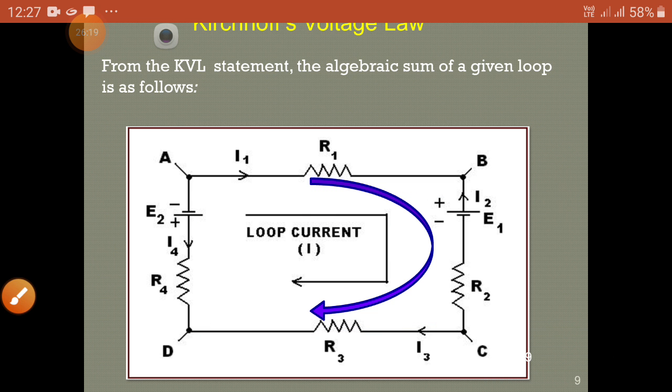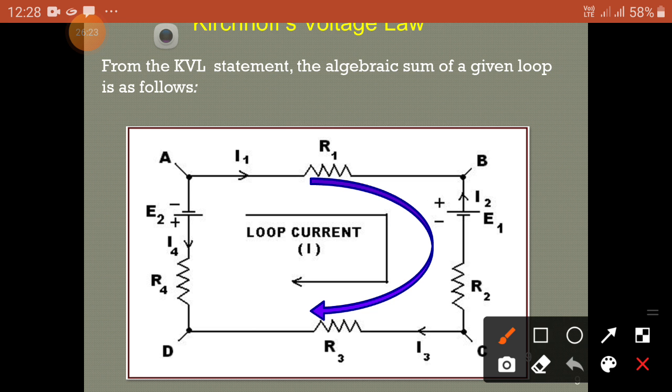We have assumed. Now in this case, I just assumed the current direction in the resistors is given. Now R1, the current is flowing this direction. Okay. Now here the E1 source, the E2 and E1, your mother, the current direction is positive direction, it is leaving, and negative direction is entering here.